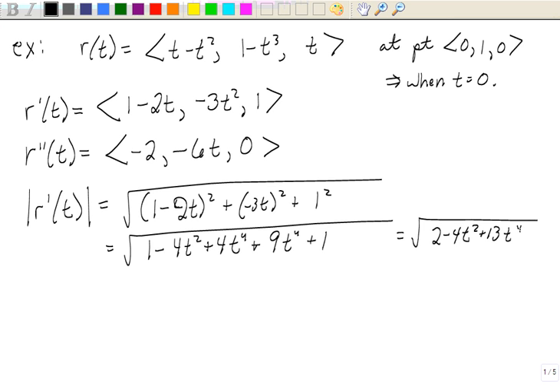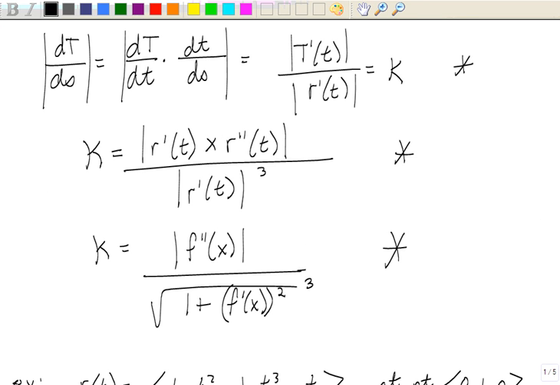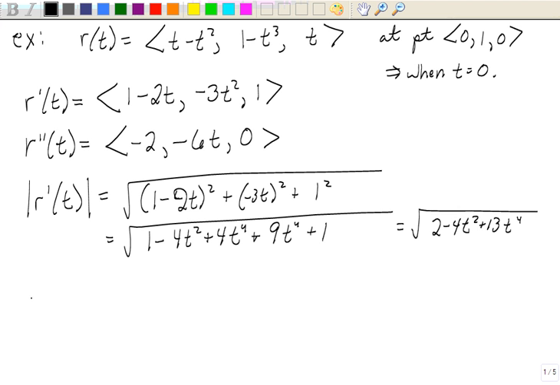Then we're going to cross r prime and r double prime. So that's this determinant.